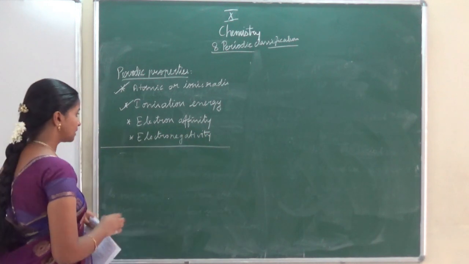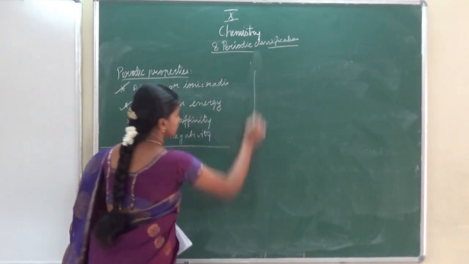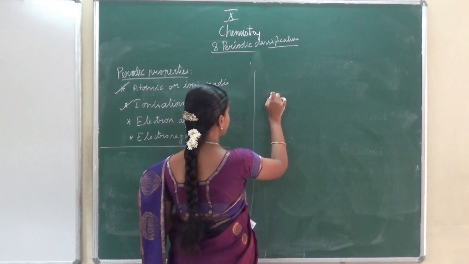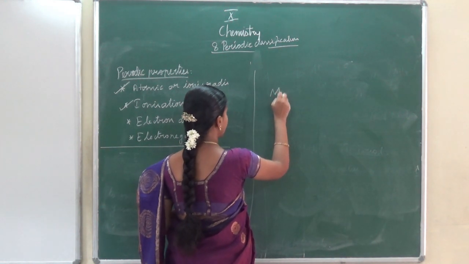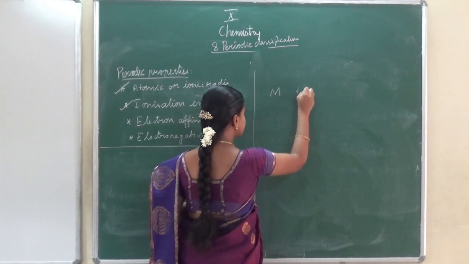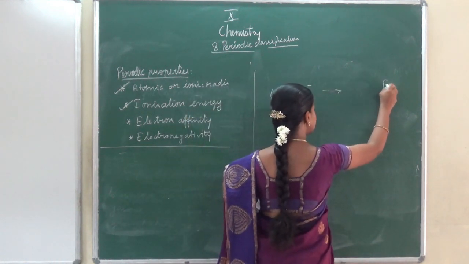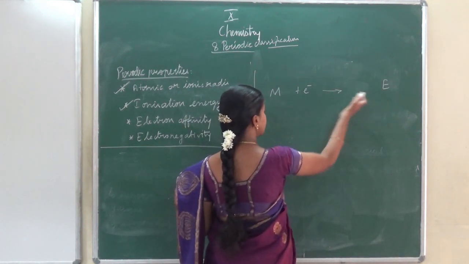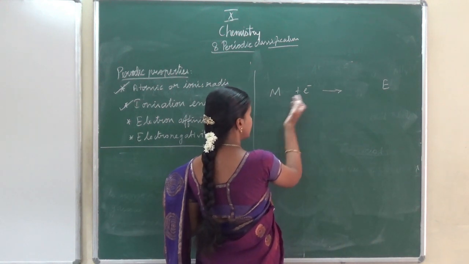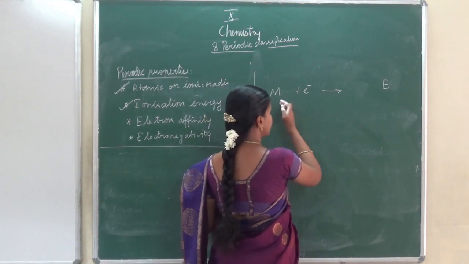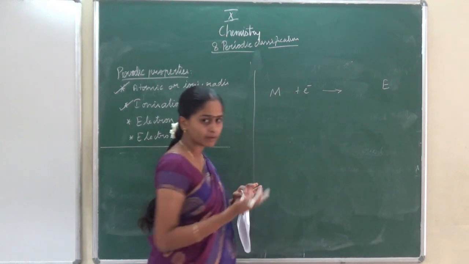Just see here, any one atom gains an electron. How does it gain an electron? By releasing energy. By releasing energy, the atom gains one electron and becomes an ion. What type of ion will it become?